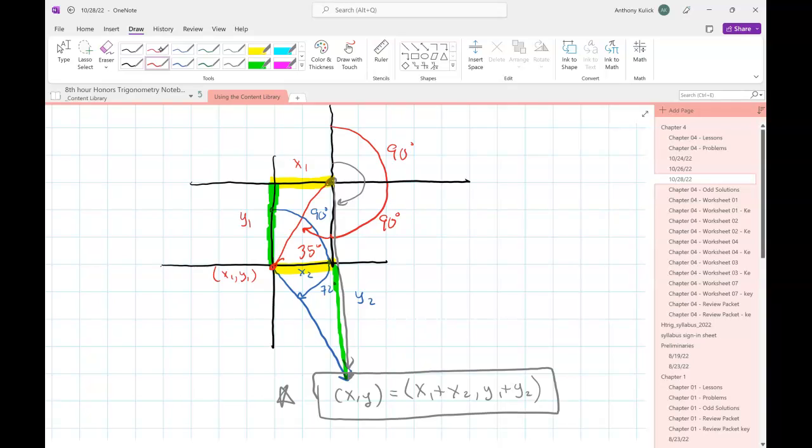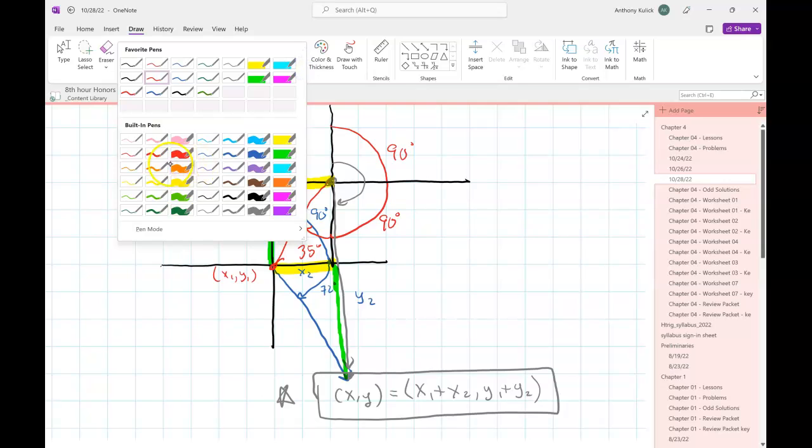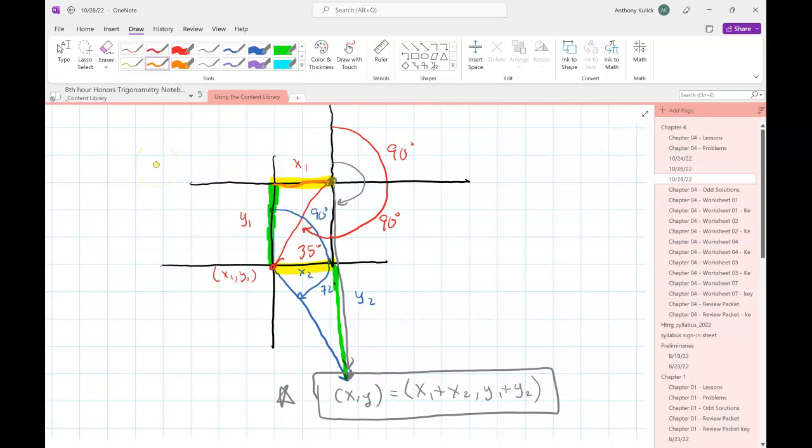So, how am I going to figure out the values for x1 and y1? Well, actually, let's pick a new color. I'll use orange. If I look here, what do I have? A right triangle. I know the length of the hypotenuse.